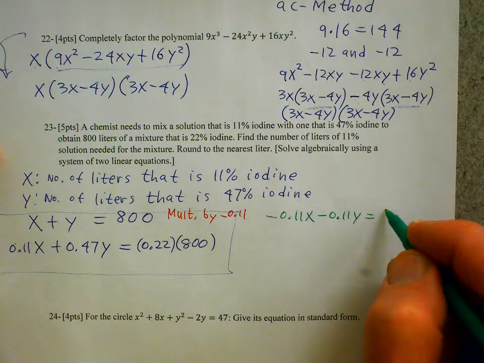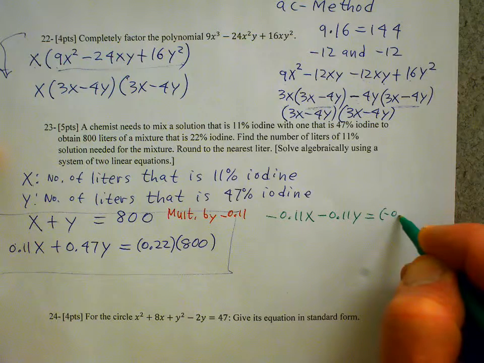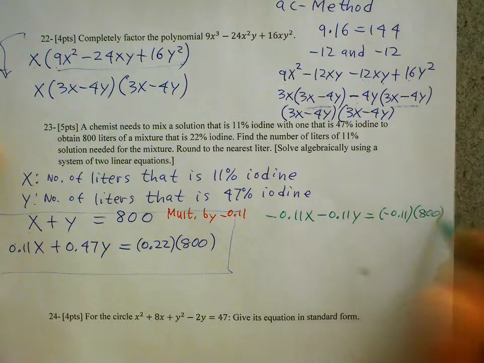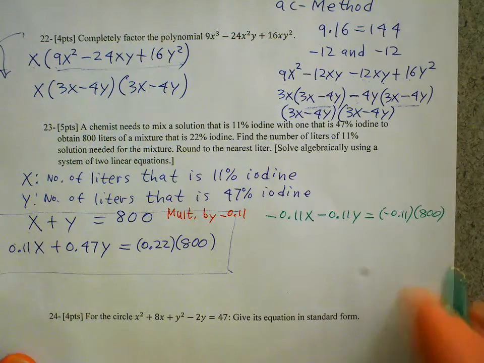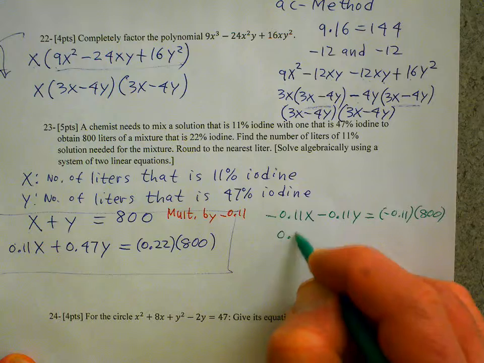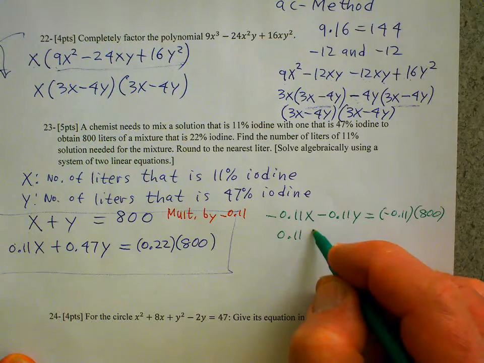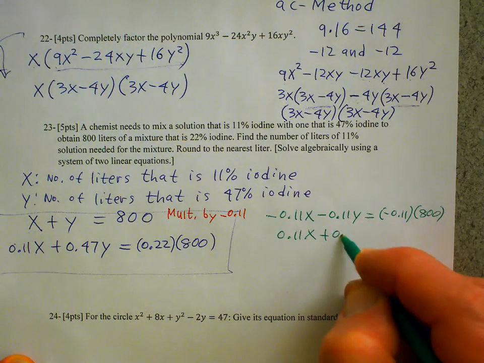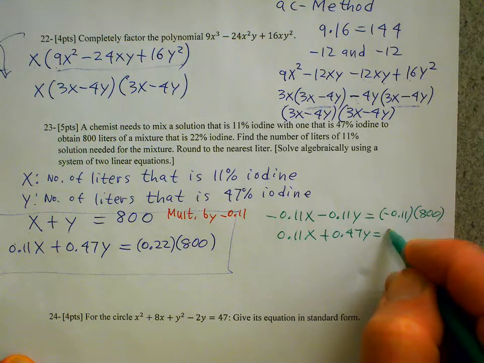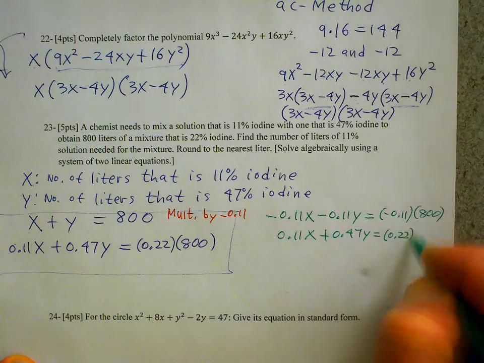And on the right-hand side, negative 0.11 times 800. And we'll add that to the second equation, 0.11x plus 0.47y equals 0.22 times 800.